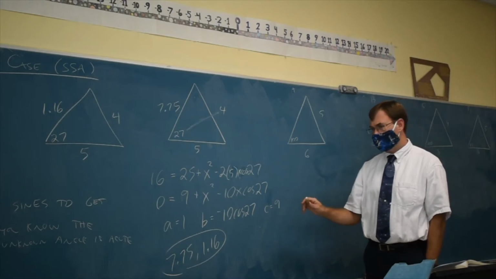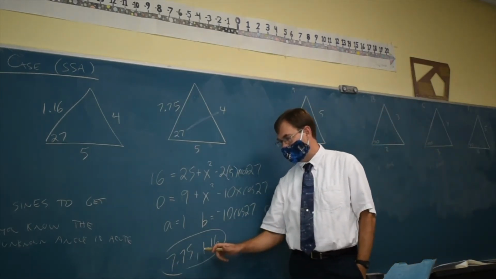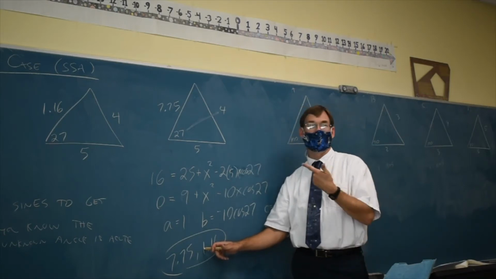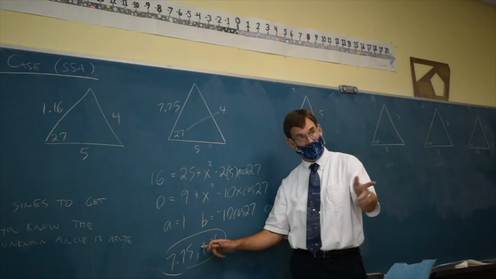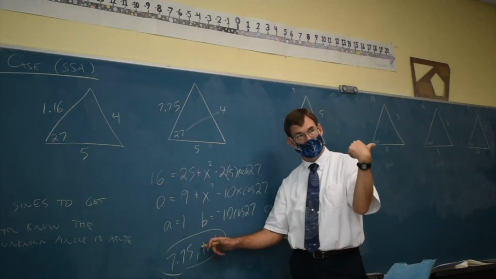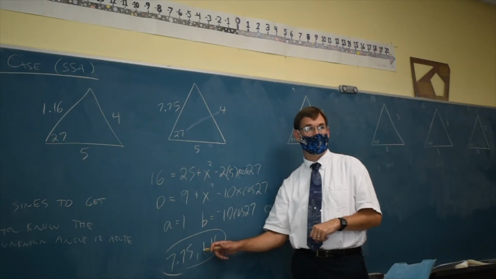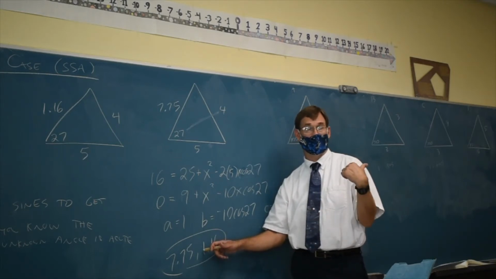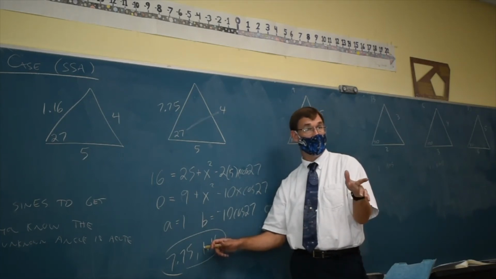Here's one way you could get one answer out of this. If this gave you a positive answer and a negative answer, can triangles have negative sides? No. So if it gave you a negative back from your program, pitch it. What if it gave you 2 negatives back from your program? It's impossible. You'd pitch them both. It also might be impossible because your program has a point where it'll tell you that there is no answer.